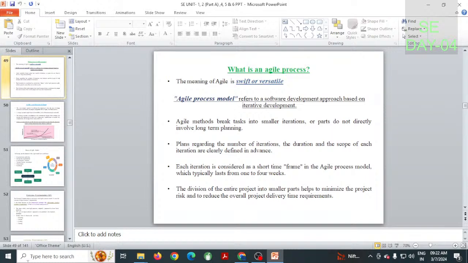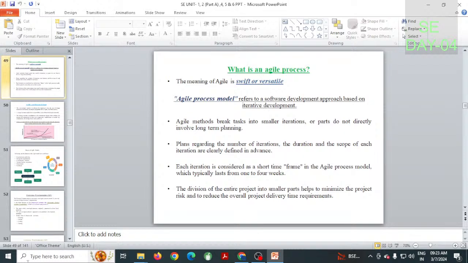Remember, the straight meaning of agile is swift or versatile. One thing we should remember, whenever the discussion starts from agile development, importantly we should discuss the agile process model. Now, what does the agile process model refer to?